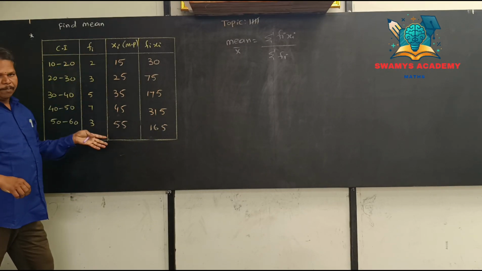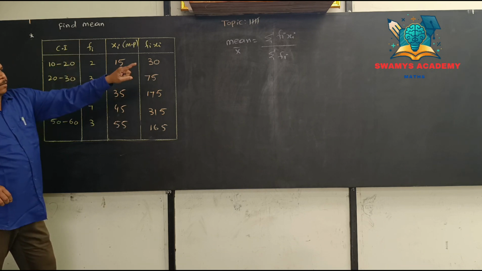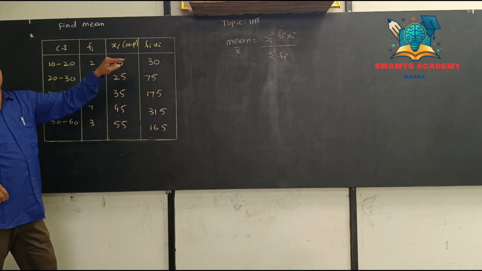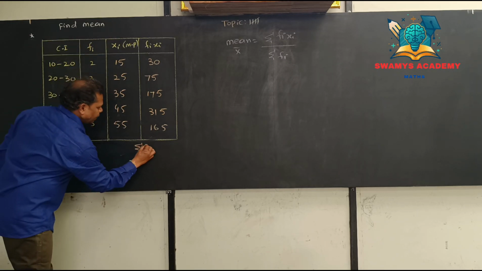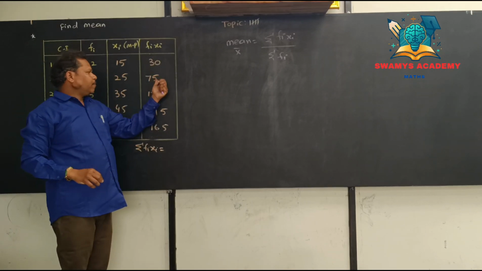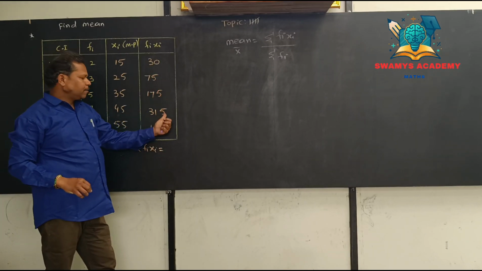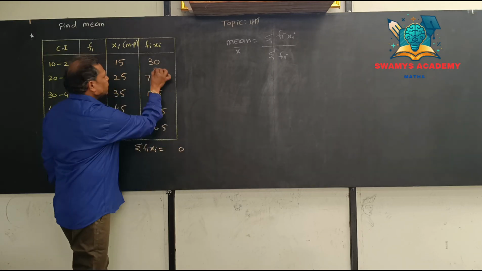This is fi xi. So we need to add to get sigma fi xi. We need to add all of these. So 0 plus 5, 5. 5 plus 5, 10. 10 plus 5, 15. 15 plus 5, 20, 2 carry.